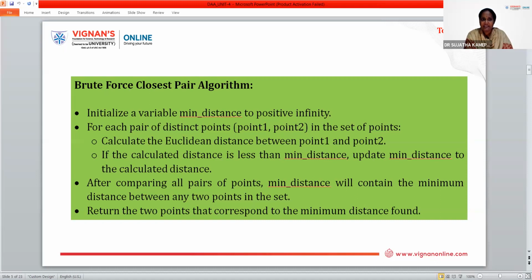If the calculated distance is less than the minimum distance, we update the minimum distance to the calculated distance. Like this, we calculate the distance between all pairs of points. After comparing all pairs of points, the minimum distance will contain the minimum distance between any two points in the set. Return the two points that correspond to the minimum distance found. So this is the algorithm.